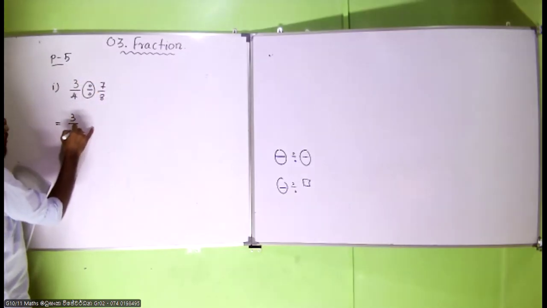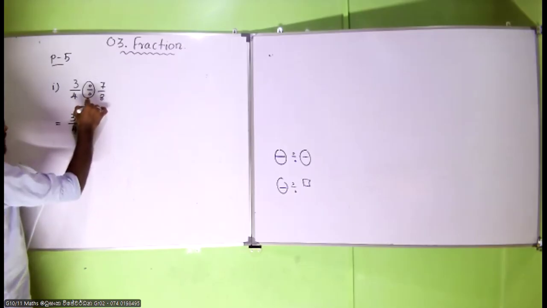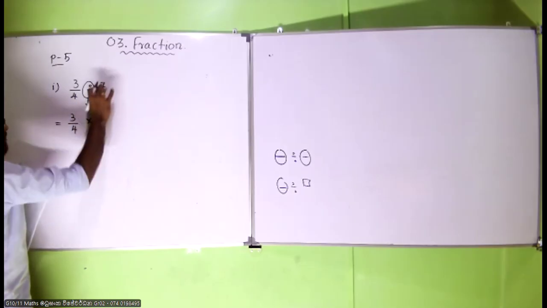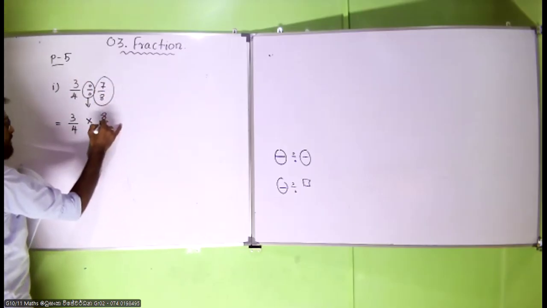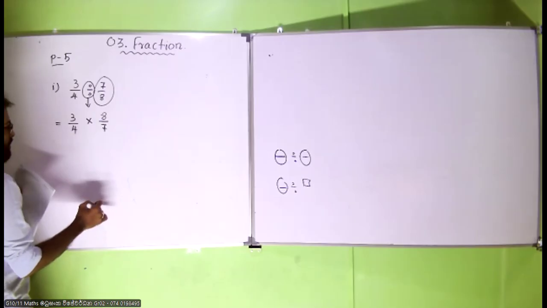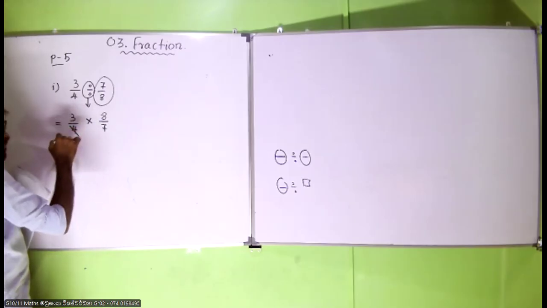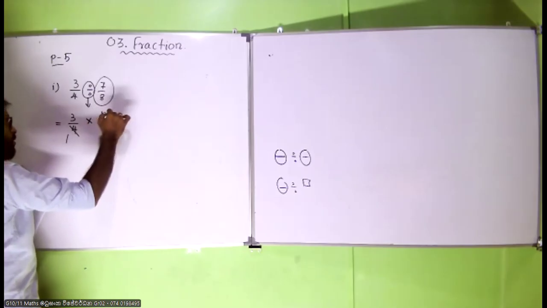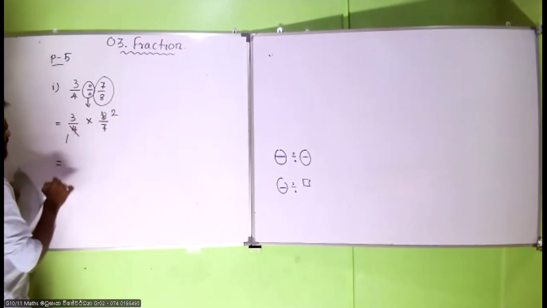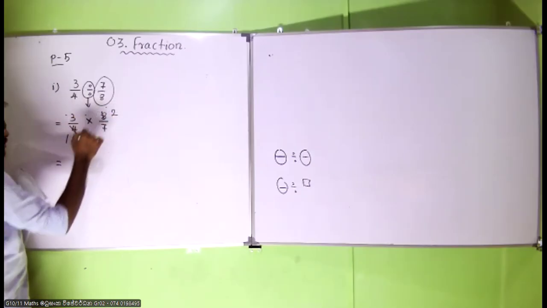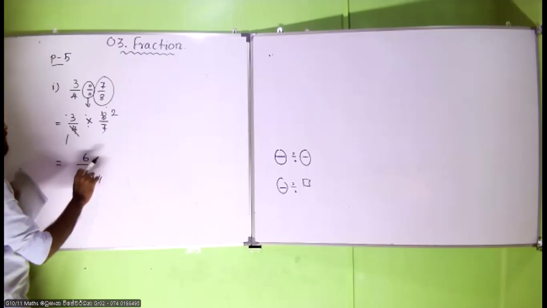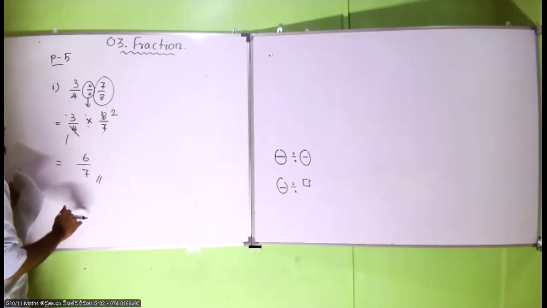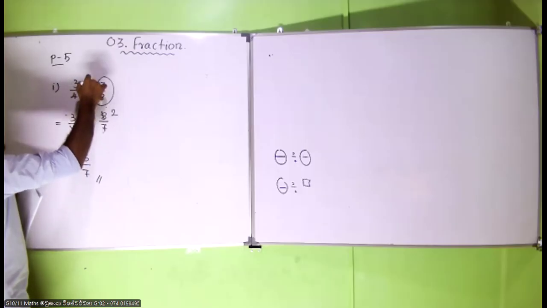3 upon 4. The division mark can be converted into multiplication, so you have to take the reciprocal of the second fraction. The reciprocal of 7 upon 8 is 8 upon 7. Then you can simplify the numerators and denominators. 3 times 2, 6. 1 times 7, 7. This is the numerator and the denominator of the fraction after simplifying.